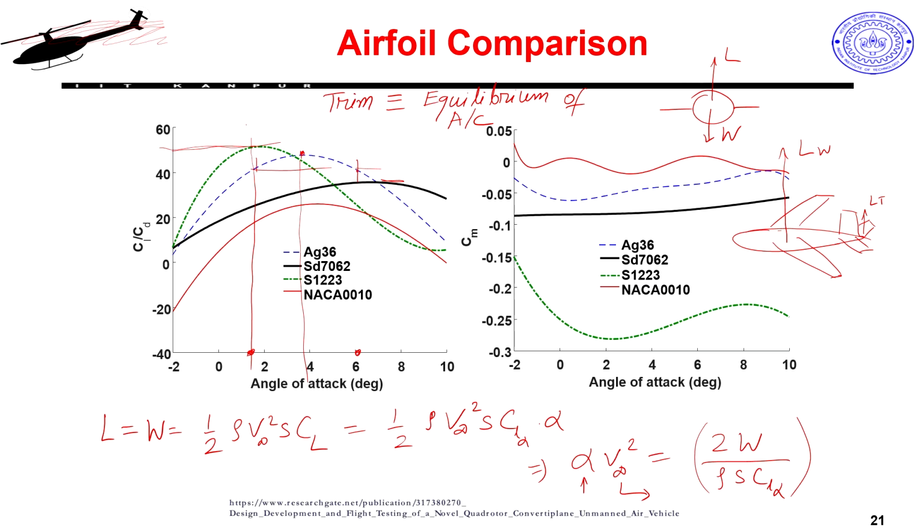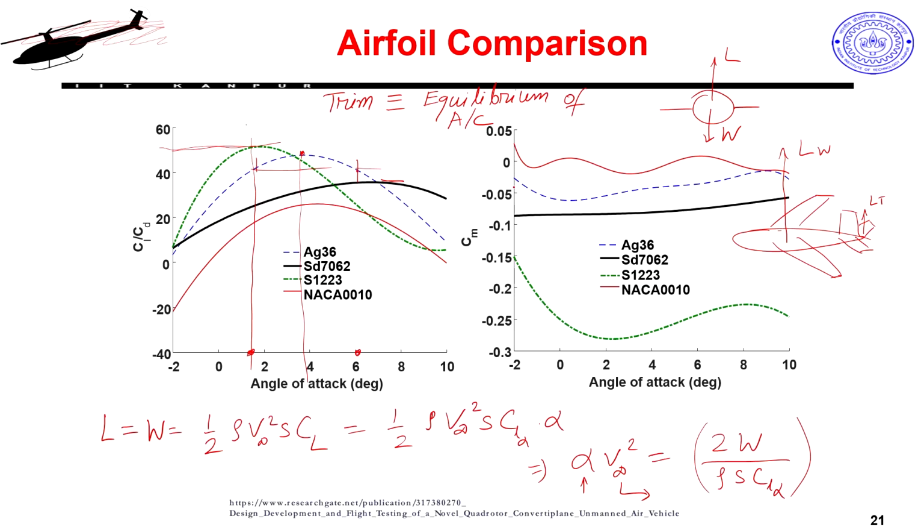So, what is this pitching moment actually doing? This wing is generating this lift, but it also generates this negative pitching moment. Negative pitching moment means it will try to bring the nose up or down. Negative is up, no, it is down.